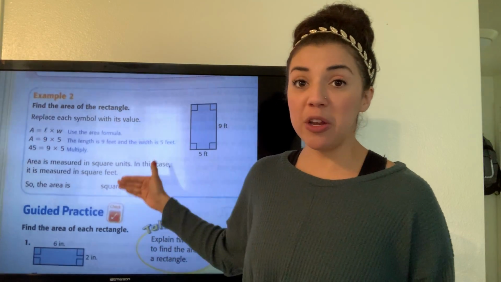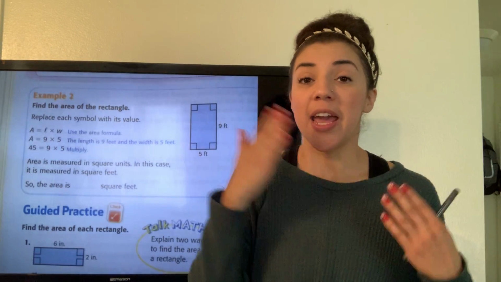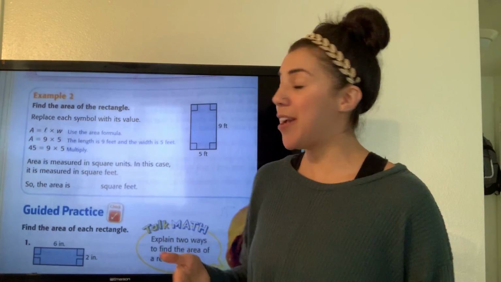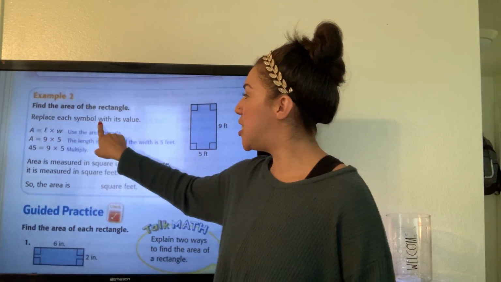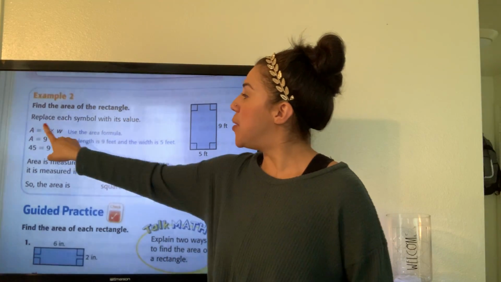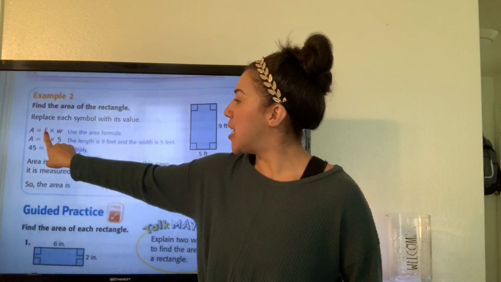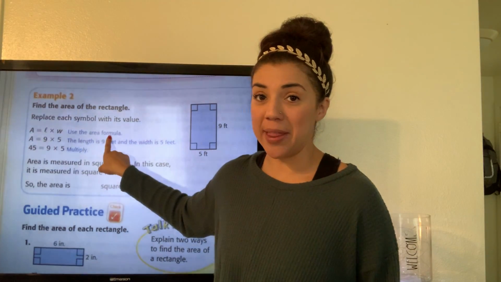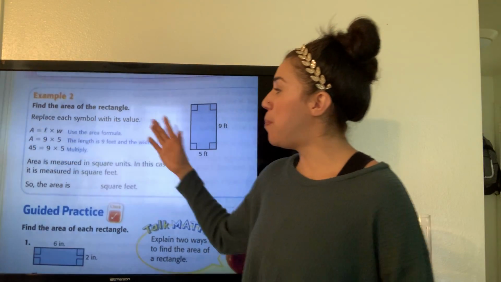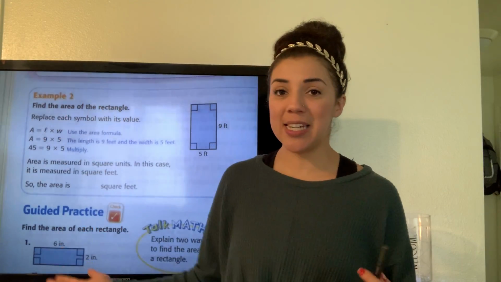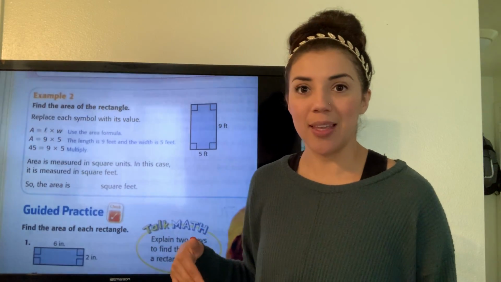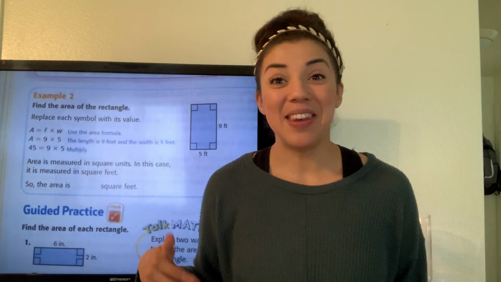But for this example, they're using the formula that they just gave you, area equals length times width. So replace each symbol with its value. So area equals length times width. We're going to use this formula, and then we're going to replace the letters, the L and the W, with the numbers.